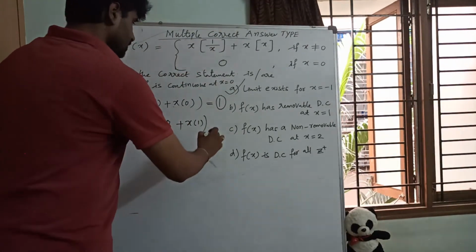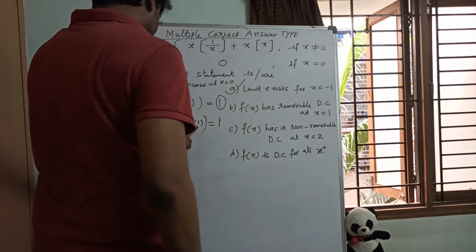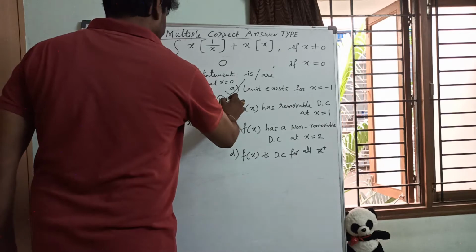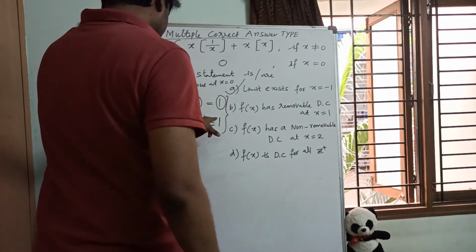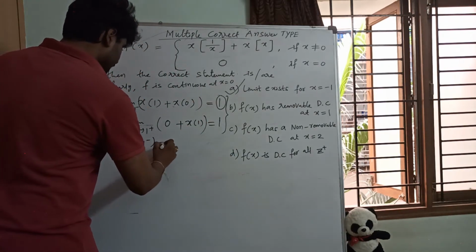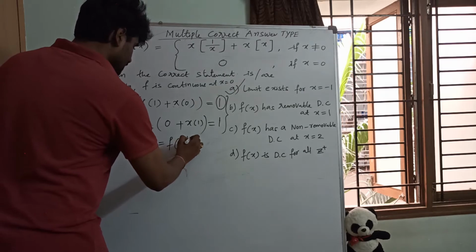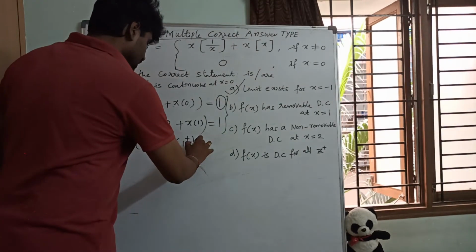Put 1. That means here x into 1, so both are equal. Correct or no? So what does it mean? F of 1 minus equals f of 1 plus. Okay, but what about the function value?